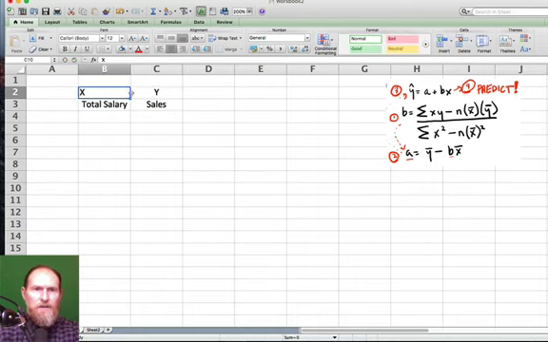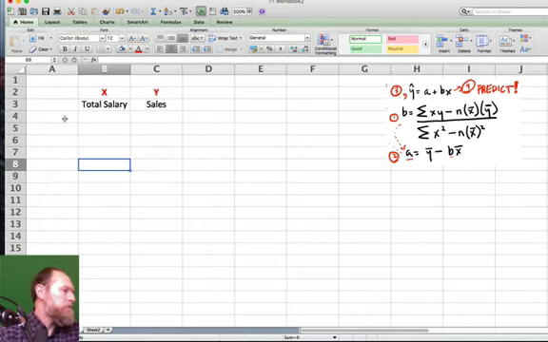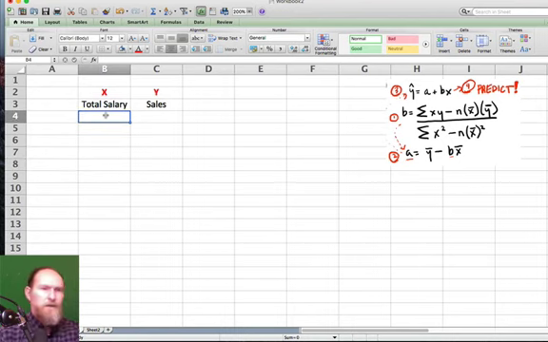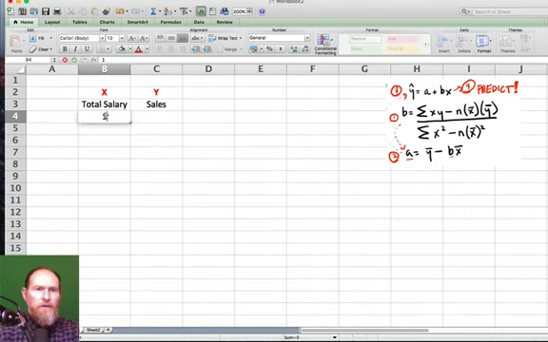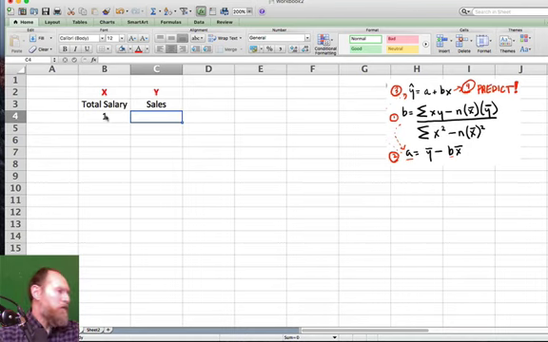We want to see how much sales depends on total salary within an area. We have some data points. One time we captured total salary as 1 billion and sales for that time period were 2.